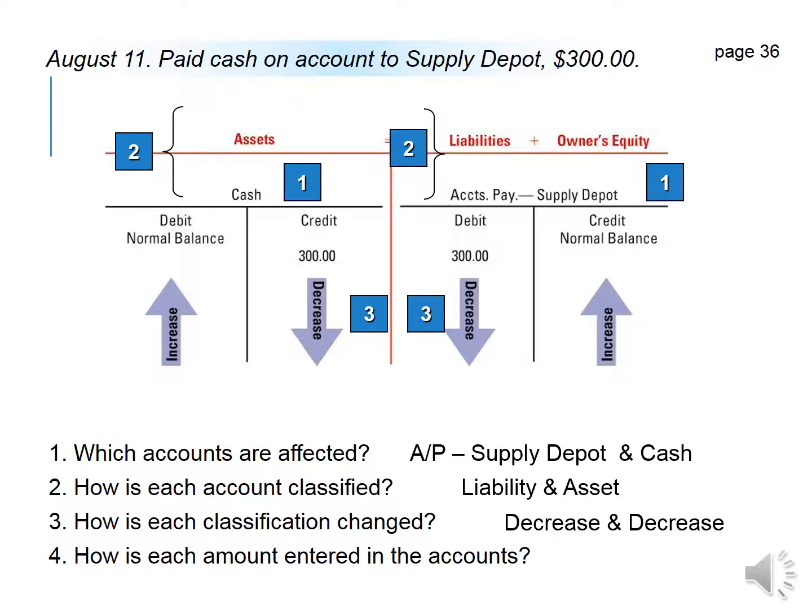We are going to debit accounts payable to show that we have less debt, and we will credit cash to show that we have less money. So we have a debit and a credit. If you notice, our debits equal our credits, so our accounting equation is in balance.